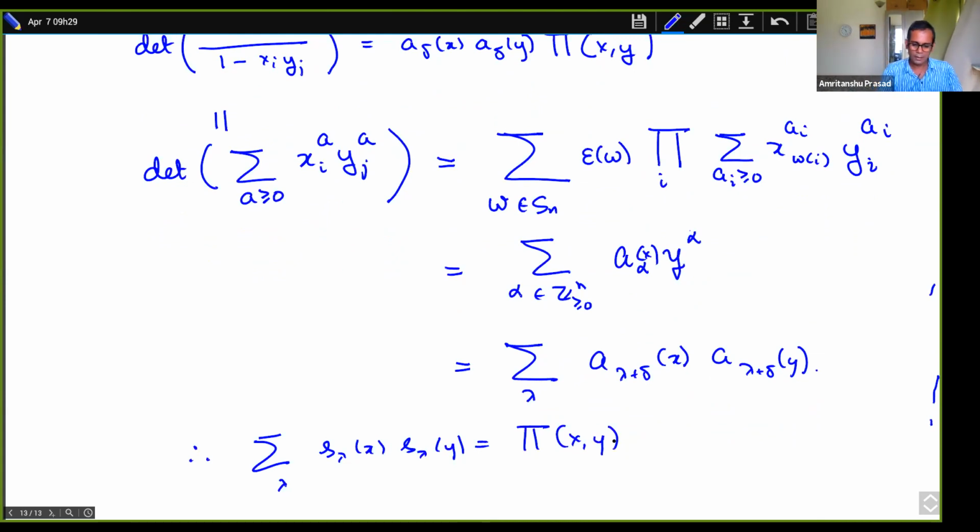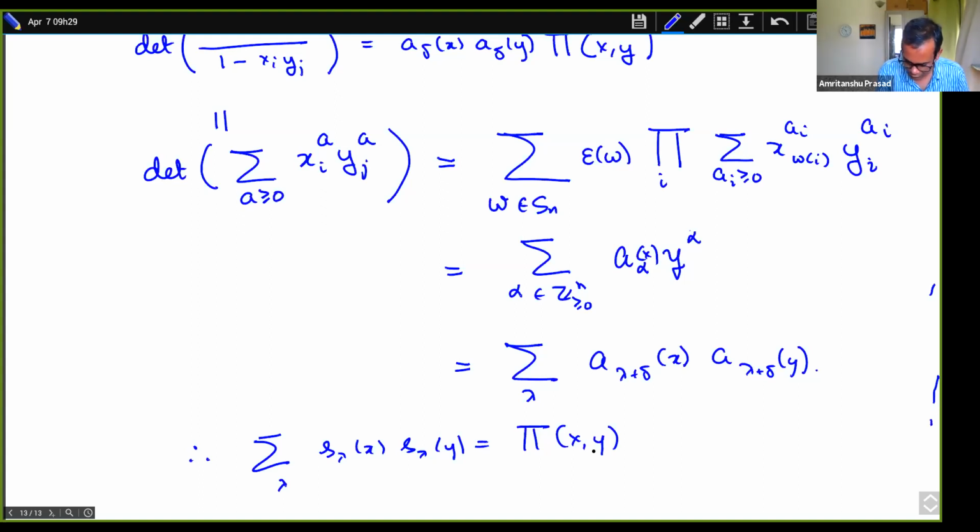And then taking the limit as n goes to infinity gives the identity for all n.